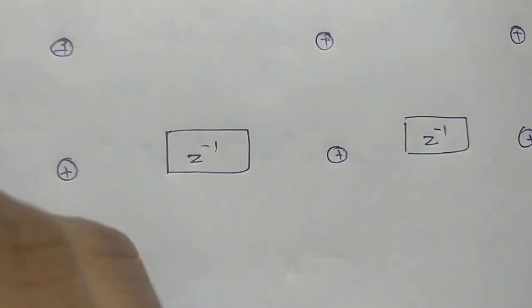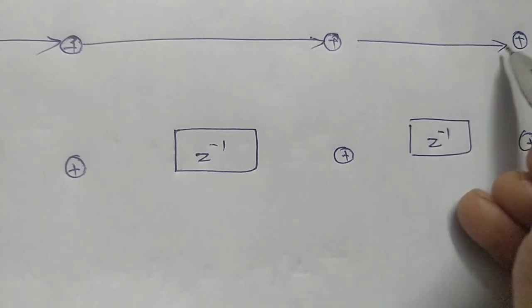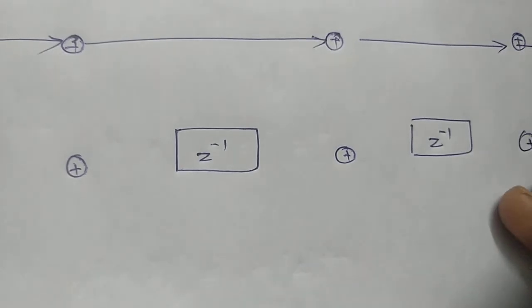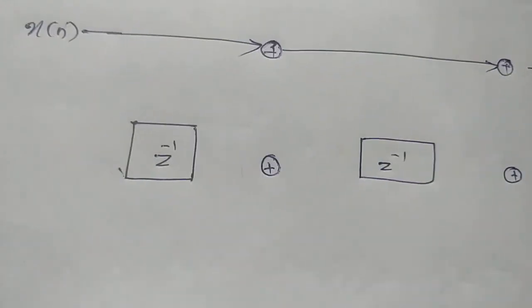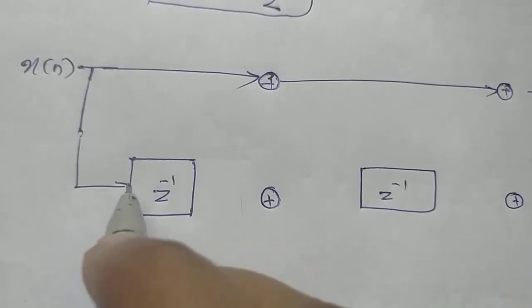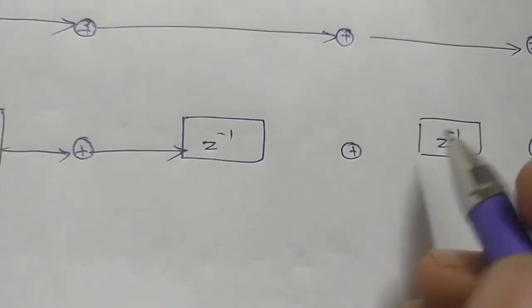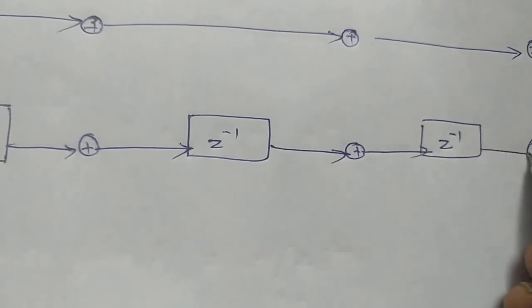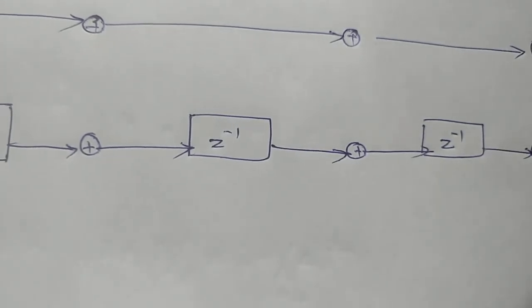Then combine all the things here, here, here, and you take the output y of n from here. Here also you give x of n to here, then to the adder, then here, here, here, here. Then we are taking an output here.